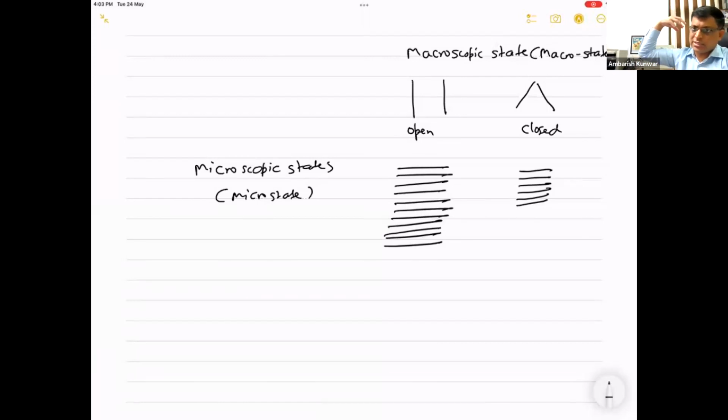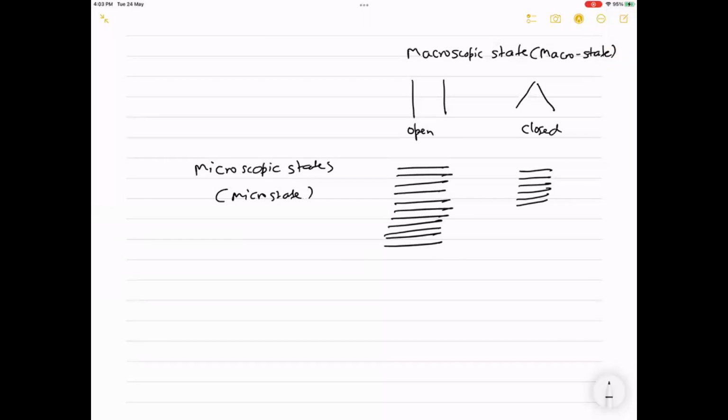So this state and this state are like macroscopic states, straight and bent, but each of these states can consist of different possible finger positions. The same thing applies to the protein. Now you think about this protein.